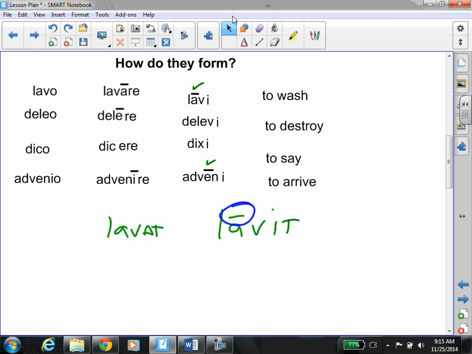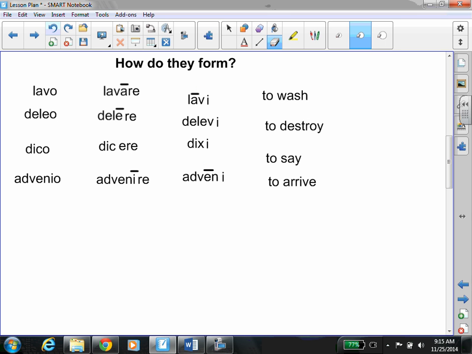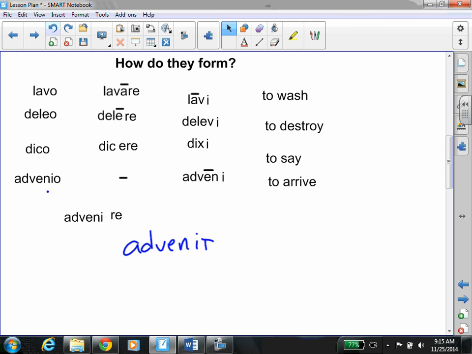First conjugation, not that big a deal. However, when I get to the fourth conjugation, advenio, this guy, advenit is the third person singular. All right, if I start off with advenire, oops, sorry, lost my long mark. If I start and I take off my re, I have advenī, I add a t, that's what I get.